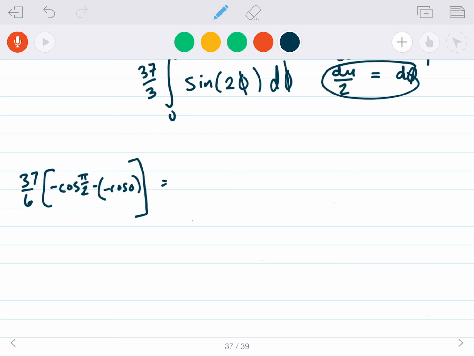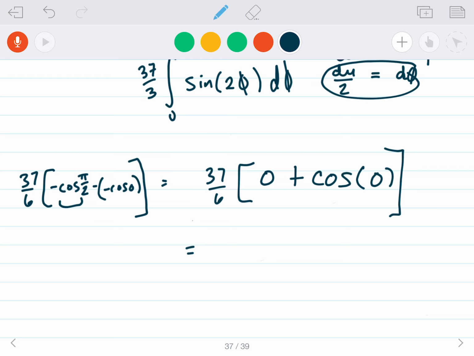So this is going to give me 37 over 6 times negative cosine pi over 2, which is 0, plus cosine 0. And cosine 0 is 1. So I just get 37 over 6 when I do this.